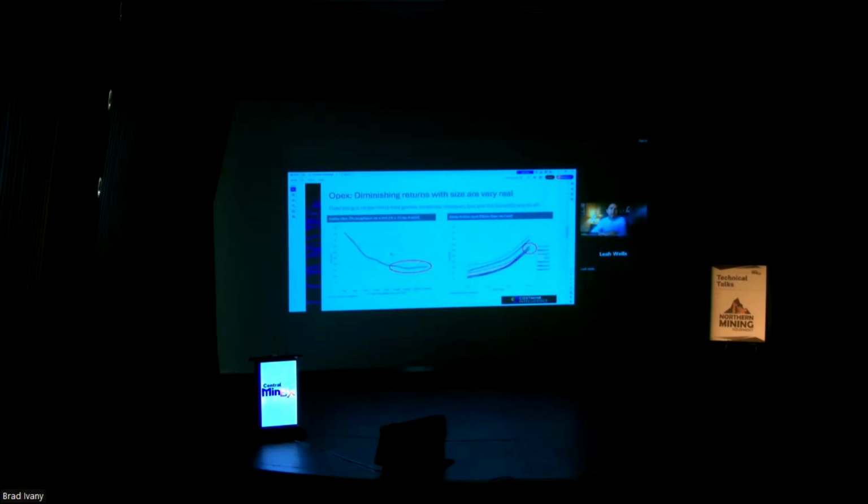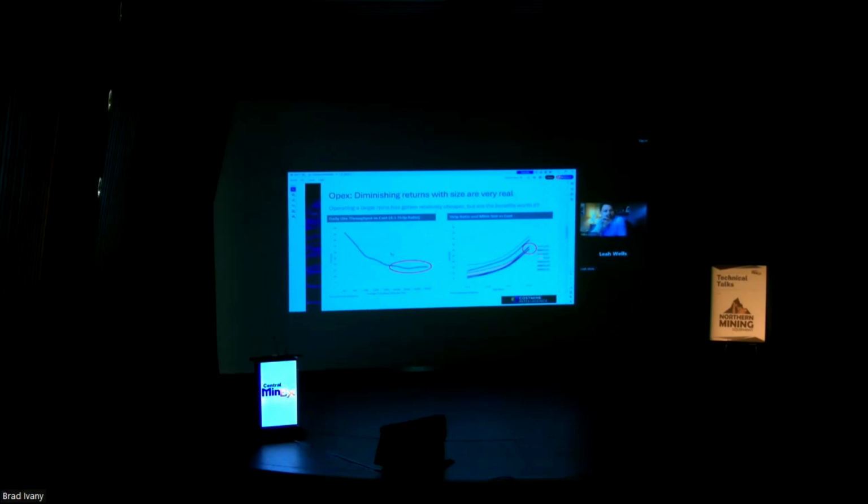On the OpEx side, I really like the chart on the left here. What this is showing is those diminishing returns from an OpEx perspective. Here we're holding a 4:1 surface mine strip ratio constant, and on the x-axis, you can see the sizes. Once you get to 5,000, 10,000 per day throughputs, the OpEx benefits start to diminish.